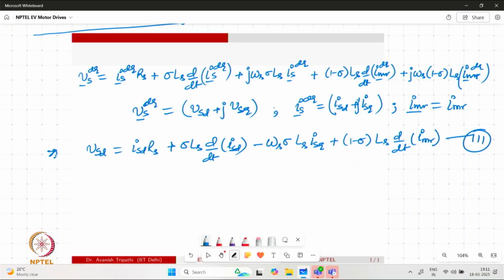So the third equation corresponds to the real terms taken from this equation, and the fourth equation can be written for the imaginary component.